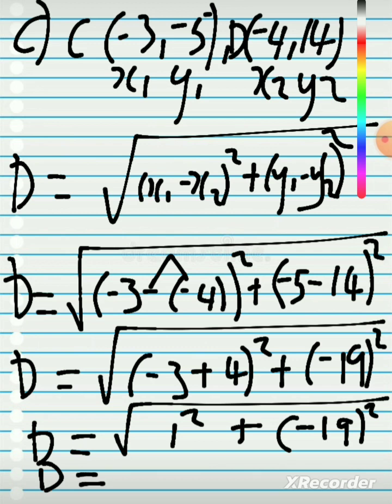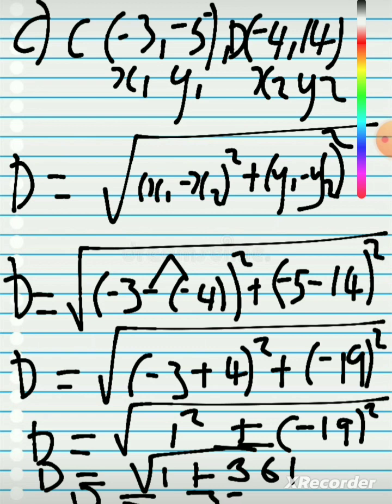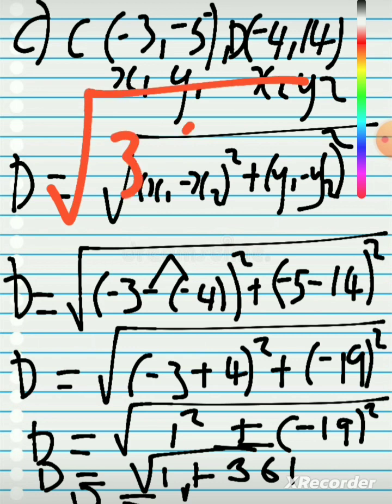So distance will be equal to square root of 1 plus, because 1 squared is 1 and negative 19 squared is 361. Okay, so distance will be equal to 1 plus 361 is going to be 362. I've run out of space, but it's going to be like this, square root of 362 units.